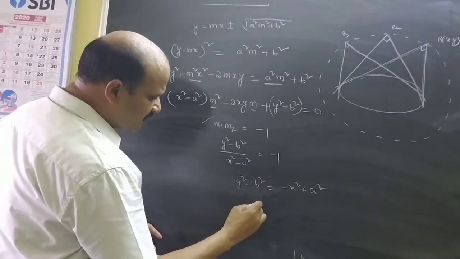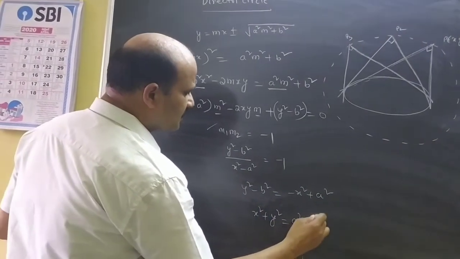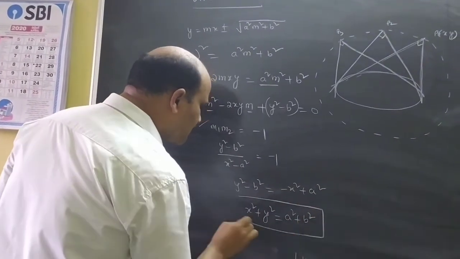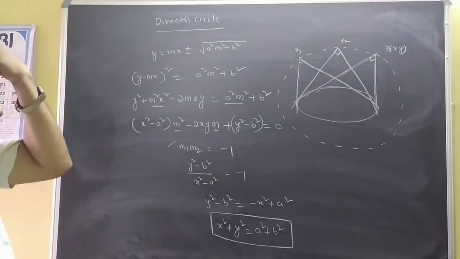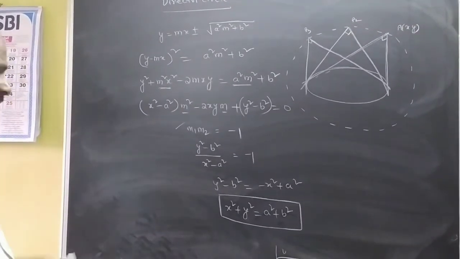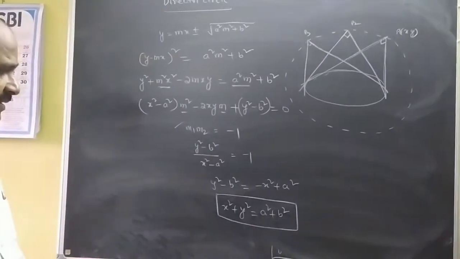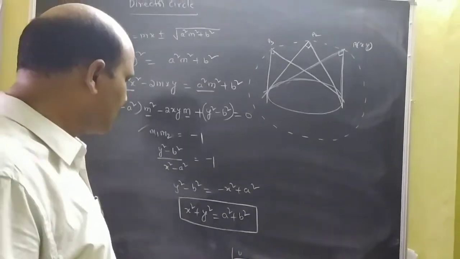Transferring, you will get x square plus y square is equal to a square plus b square. This is the equation of the director circle. We already discussed the auxiliary circle with respect to the ellipse, and now this is the director circle: x square plus y square is equal to a square plus b square.